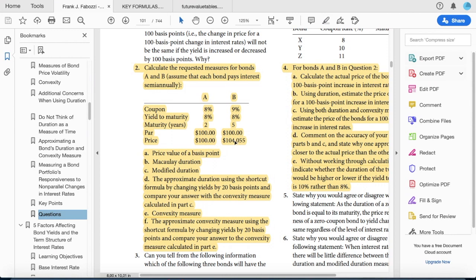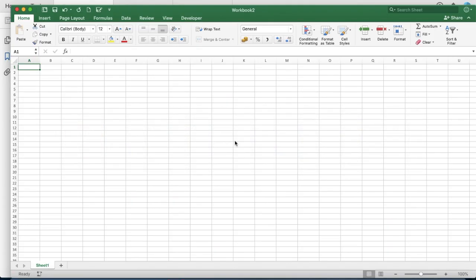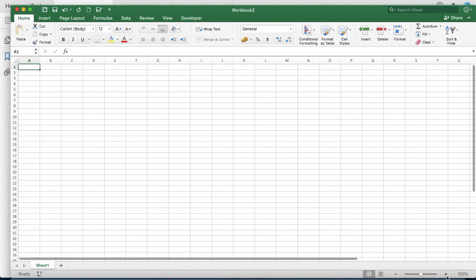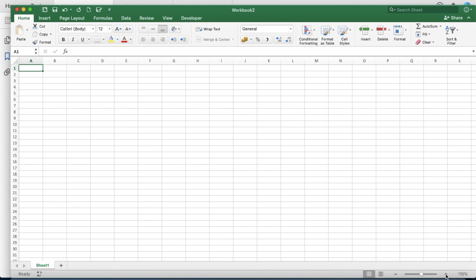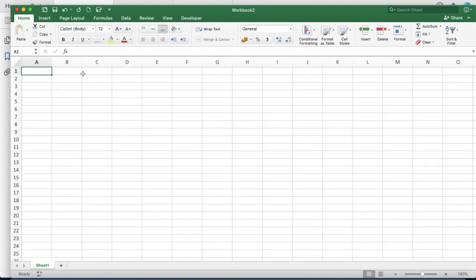So to do so, I will use Excel. The good thing with Excel is it is a faster and safer way to make calculations compared to the calculator. So I will zoom in so I make the cells clearer for you. So let's start with this new task.